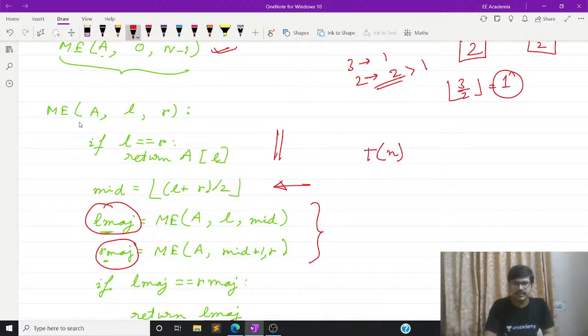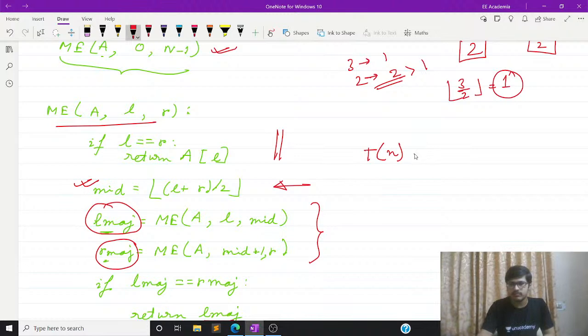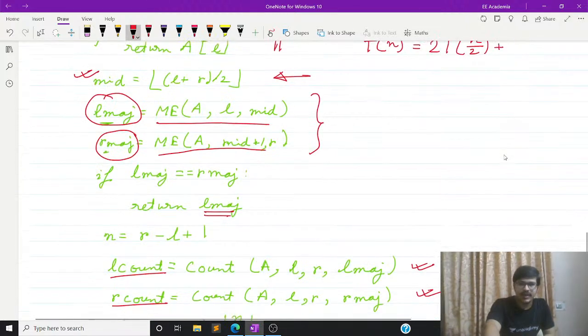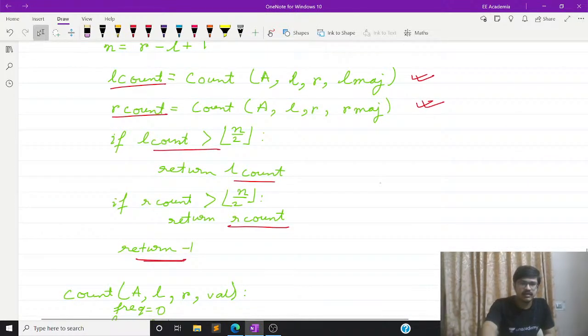Here it is called, let's say size n initially. We divide it into two problems of size n by 2, and you solve them recursively. These are the recursive calls of both the subproblems. So T of n equals 2 into T of n by 2 plus what the combining step is costing.